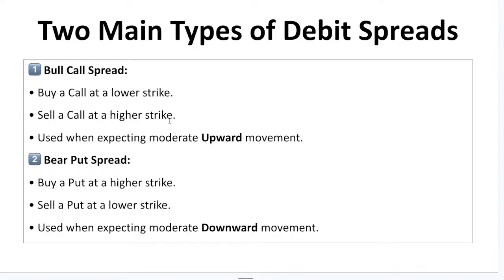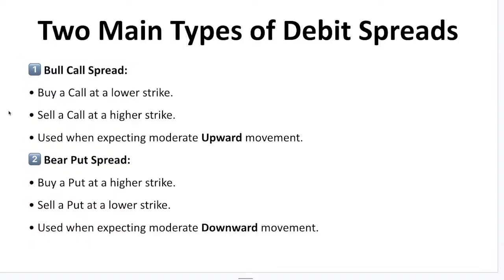What you want is the price to move within these two strikes. The best is the upper limit of the strike to get the most profit, or above the upper strike to get the full profit when the option expires. Use it when expecting moderate upward movement.